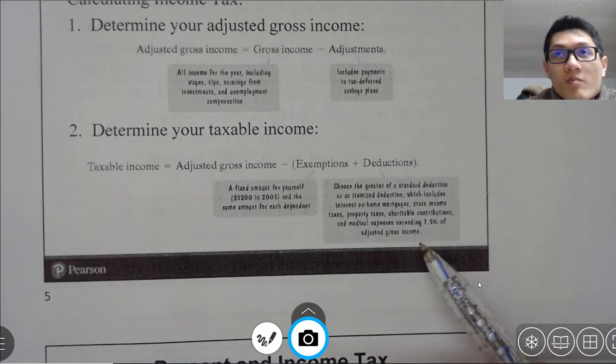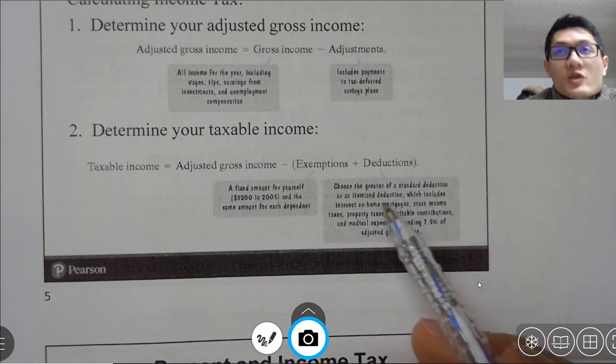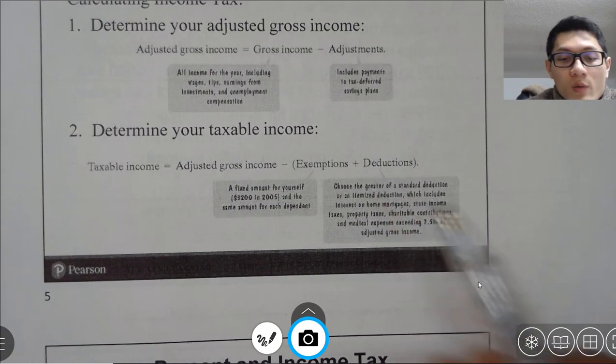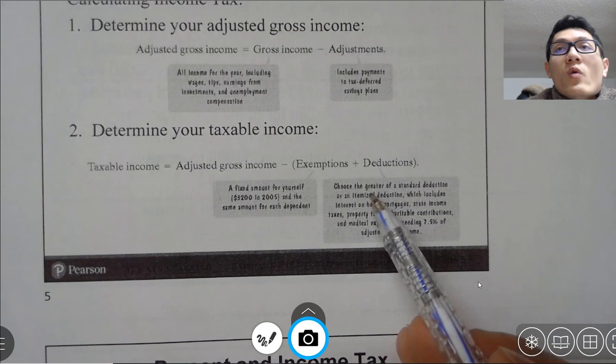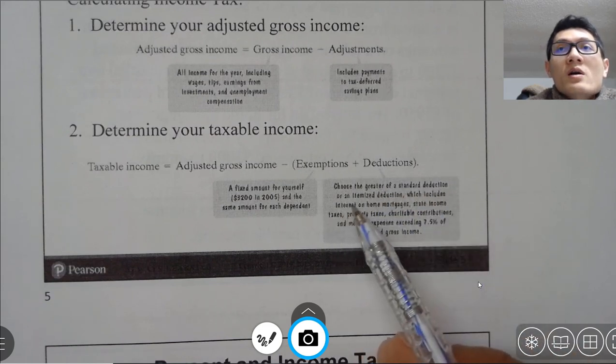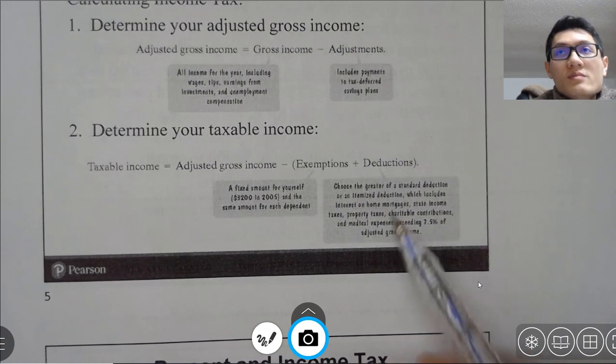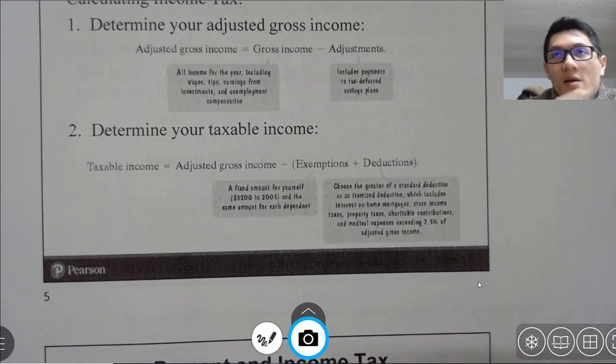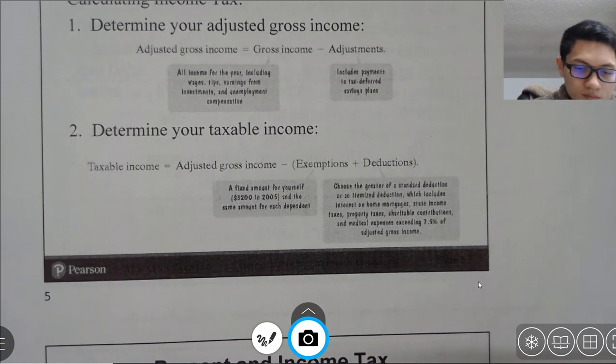Okay, so we have two choices, and we pick the one that has the greater deduction. We'll talk more about that in the next few slides.